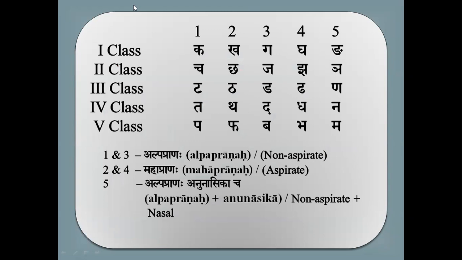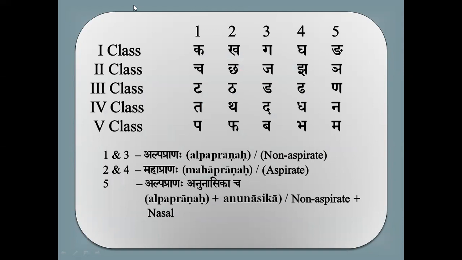For example, ka, cha, ta, ta, pa. The first letter of all the classes, they are alpa prana. Whereas when you utter the second letter of all the classes, for example, kha, chha, tha, tha, pha, you see, you breathe out more air from the mouth.